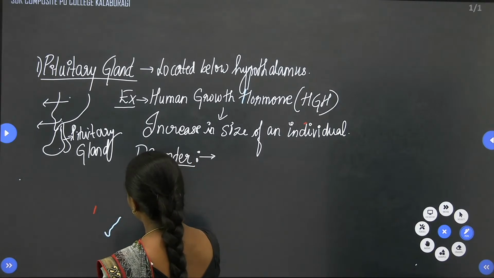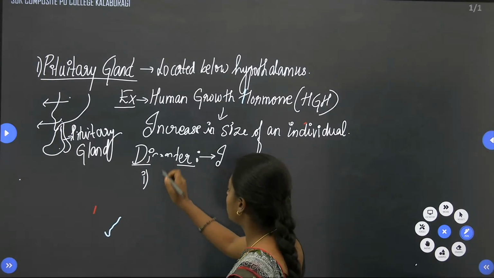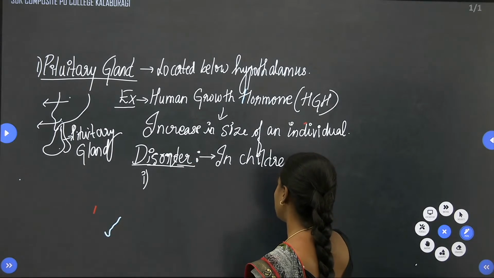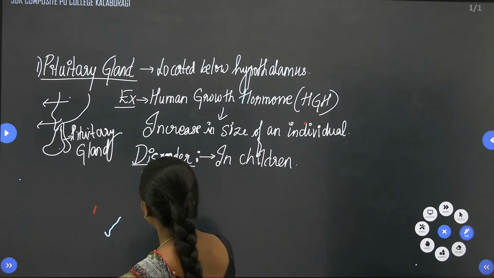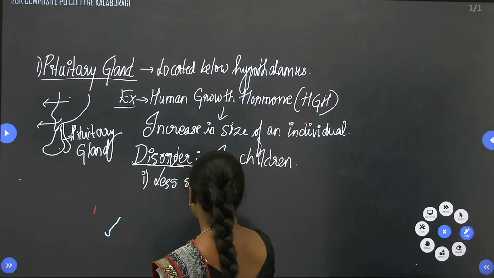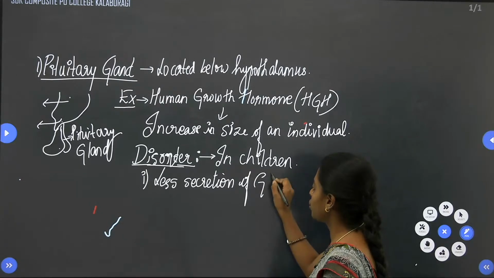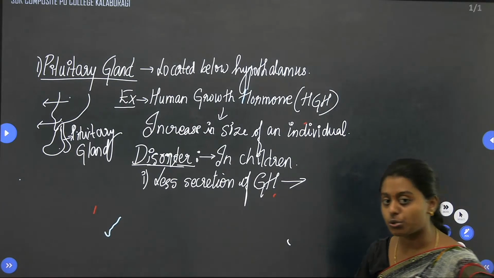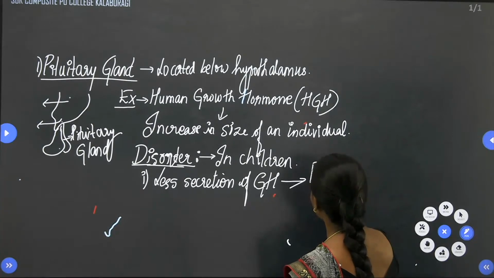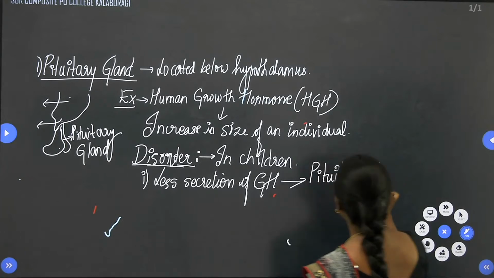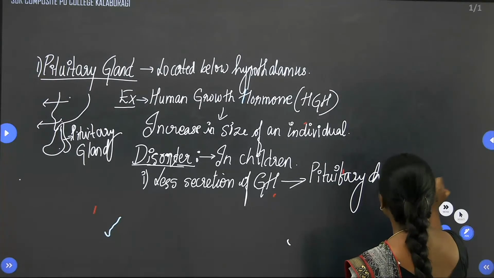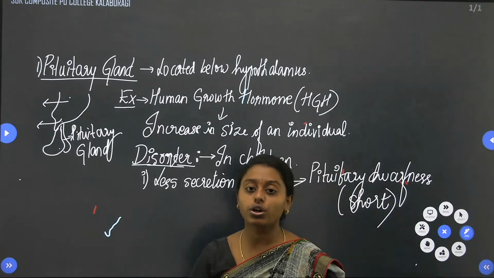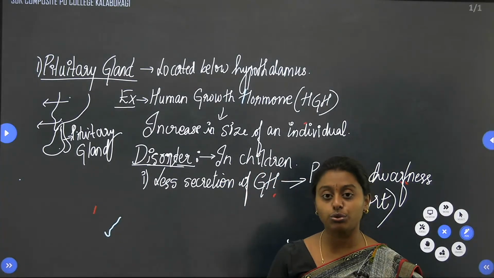First one, in children, if there is less secretion of growth hormone, then that condition of very less concentration of growth hormone within the body will lead to a disorder called pituitary dwarfism, where the child will be very short heighted. So that is one disorder connected to growth hormone.